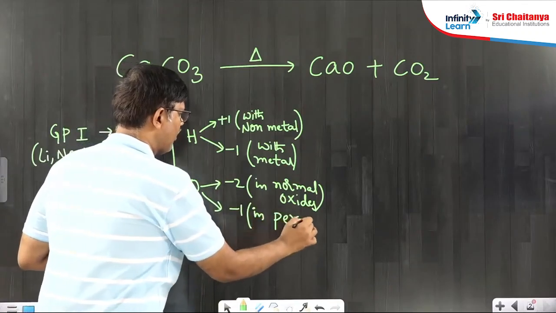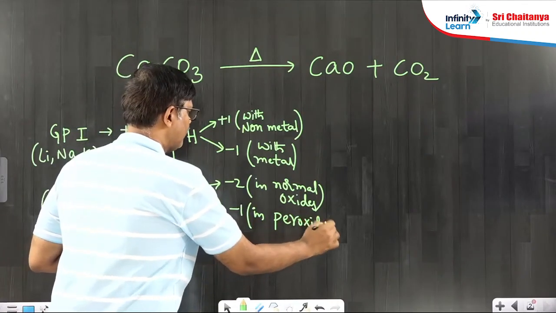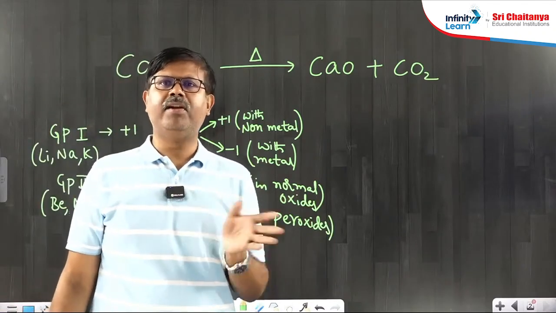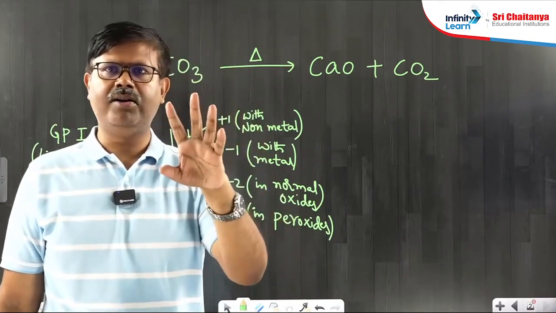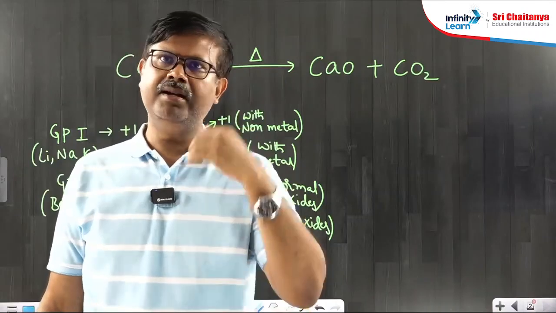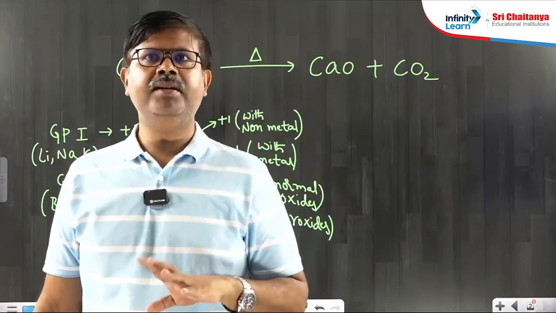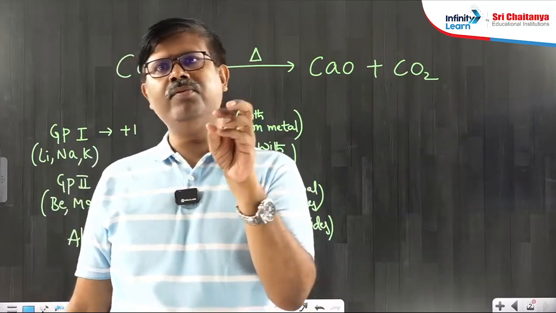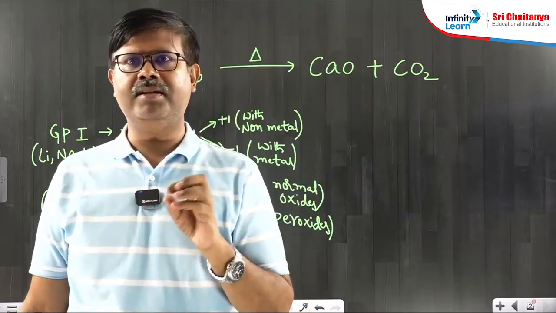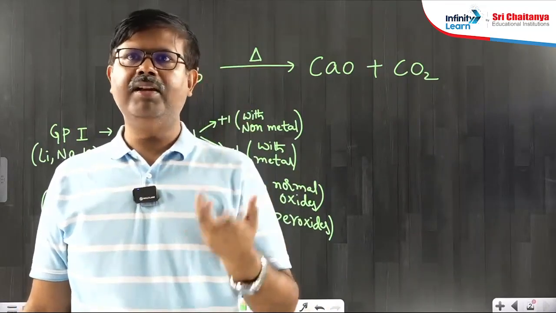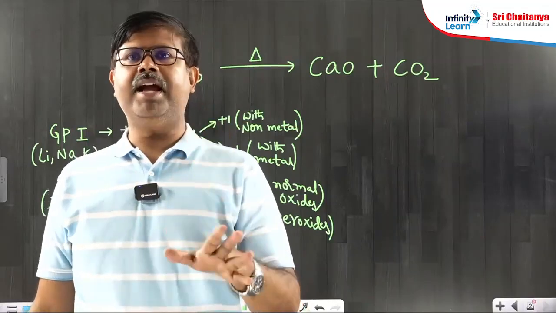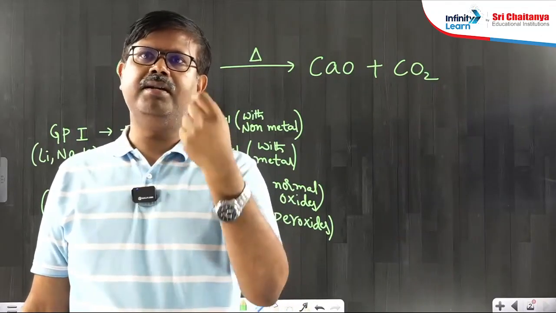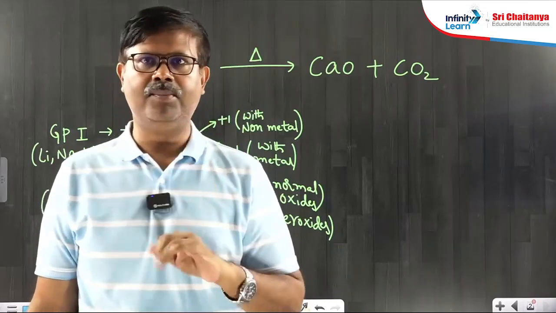Those are called peroxides. When a compound is given, if you don't know whether it is a peroxide or not, assume it is a normal oxide, 99% it will be correct, and take -2 and proceed. In the syllabus, you will come to know important peroxides at different levels, and it will help in the final exam. But as of now, when an oxide is given, assume it is a normal oxide.